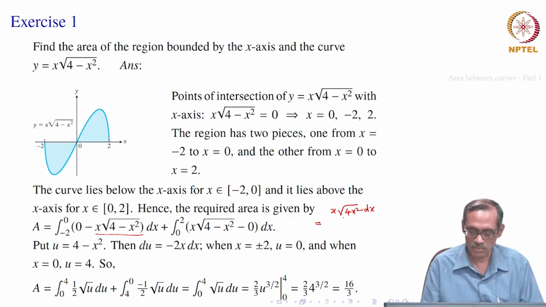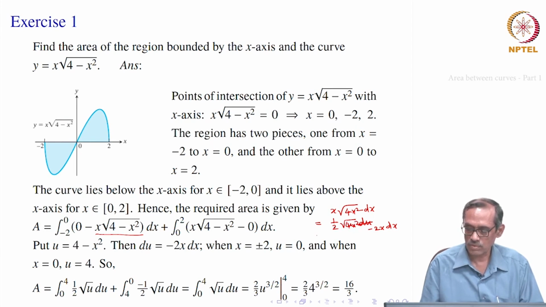So, this differential will be written as half square root of u du. Let us see whether that is correct. When you come to u equal to 4 minus x square, you get du equal to minus 2x dx. So, this is minus 2x dx, and square root u equal to square root of 4 minus x square.